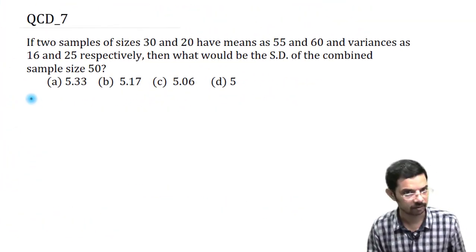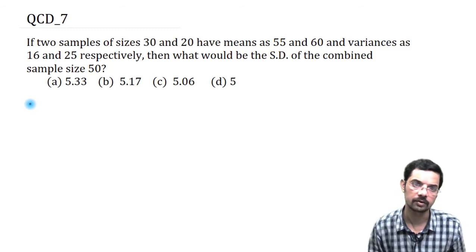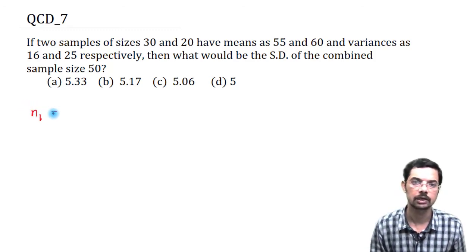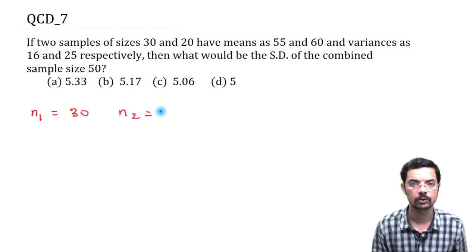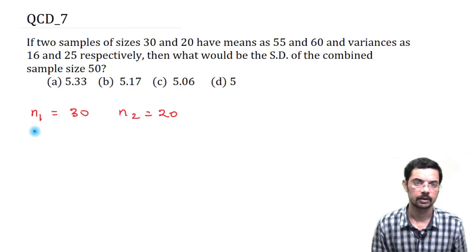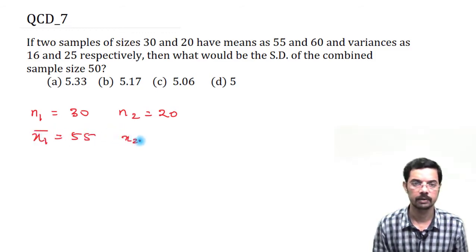We need to find the combined mean first of all. Here n1 is equal to 30 and n2 is equal to 20. Then we have x1 bar equal to 55 and x2 bar equal to 60.